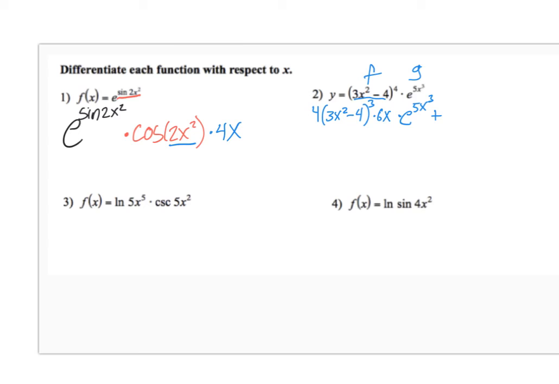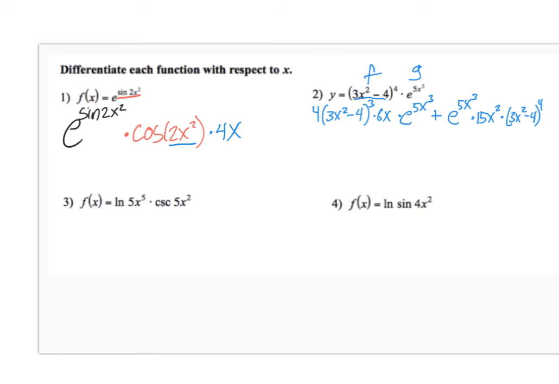And then the derivative of that, so it's going to be e to the 5x cubed times 15x squared times f. So that would be 3x squared minus 4 to the fourth power. That's done. We don't want to go any further than that because that's gross.